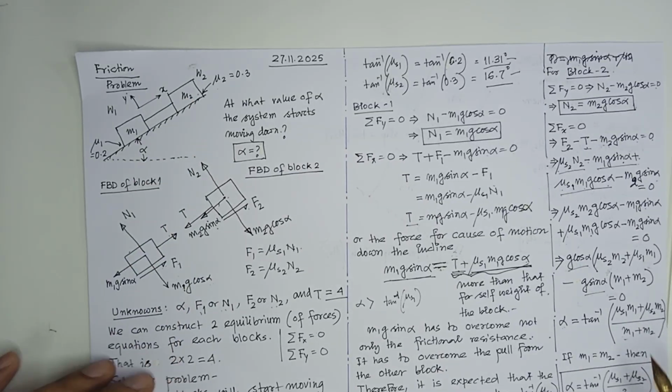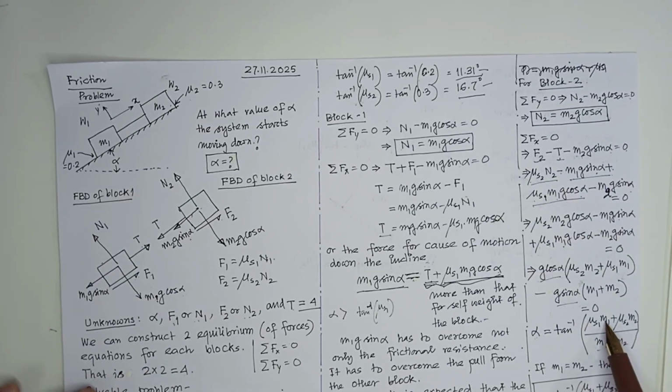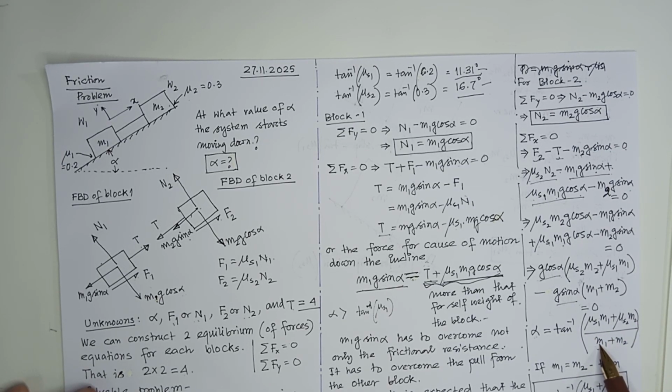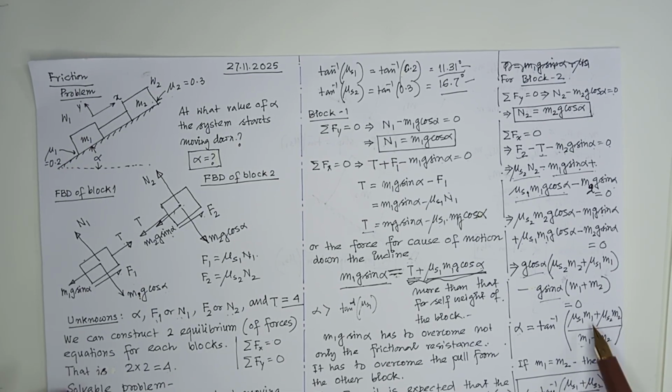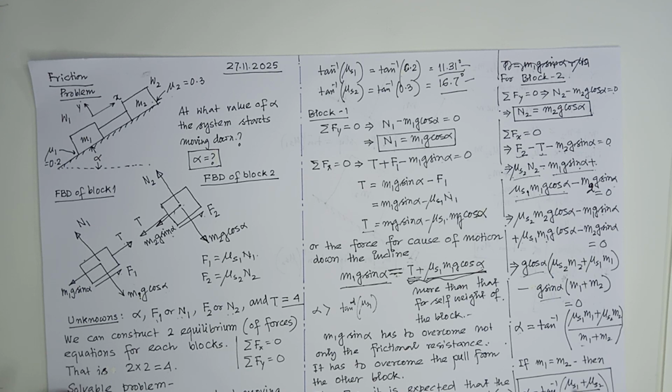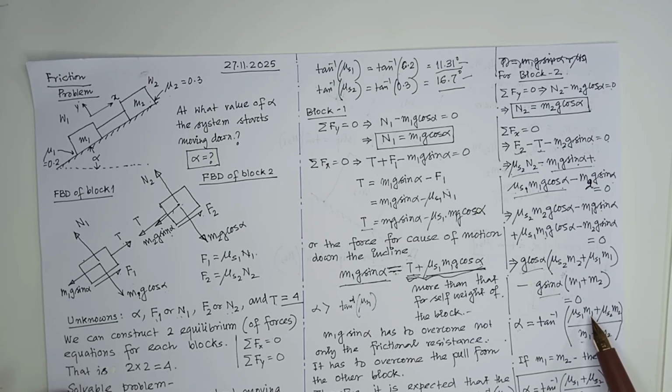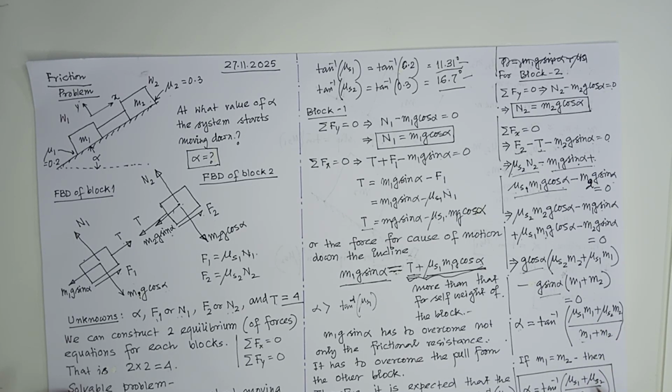So simply you can take m1 common, and m1 plus m2 is equal to 2m1, so m will cancel, and it will be mu s1 plus mu s2 by 2. Here m1 plus m2 is equal to 2m1 or 2m, whatever.